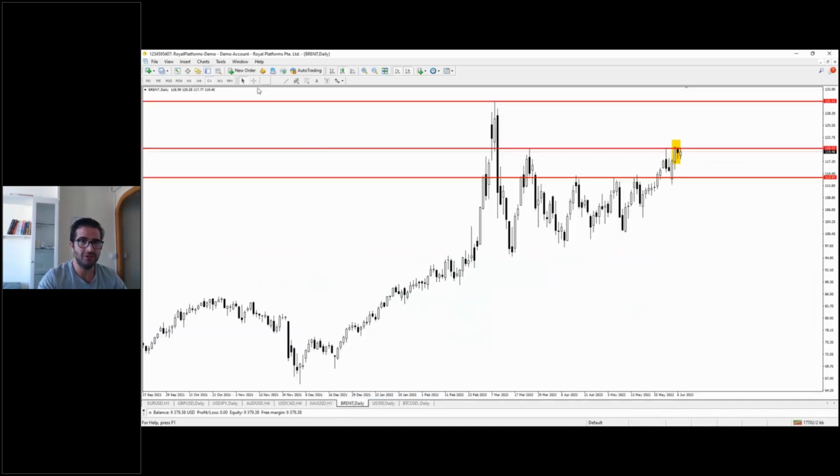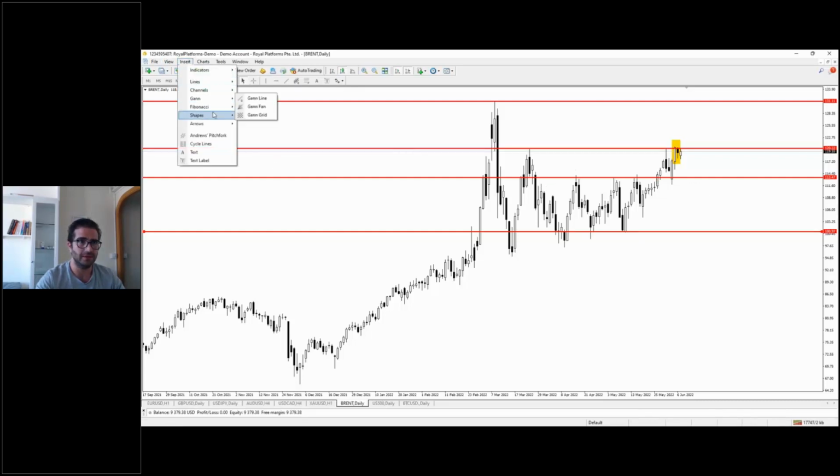Brent oil. The Brent oil, after breaking this channel here on the daily time frame, you can see we have talked about this channel for weeks. It was bouncing inside it until we have a breakout, which was here. I will indicate it with this yellow zone.